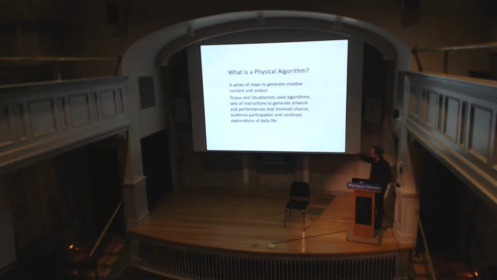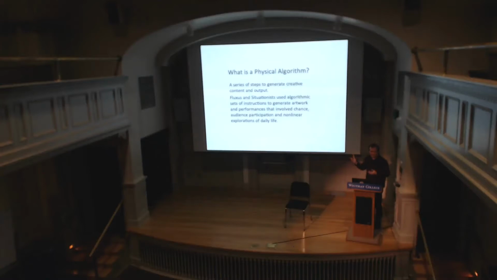So I just want to talk a little bit about this and then I'll stop. The next series of work really started with this idea of a physical algorithm, and my interest in the Fluxus movement and the Situationists, how they used simple sets of instructions to create artwork, which is an algorithm in itself.